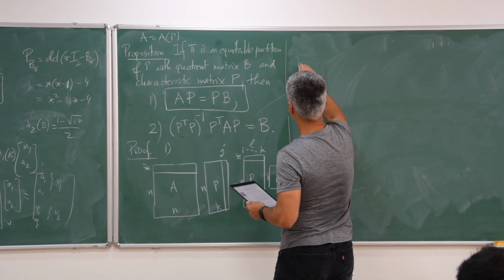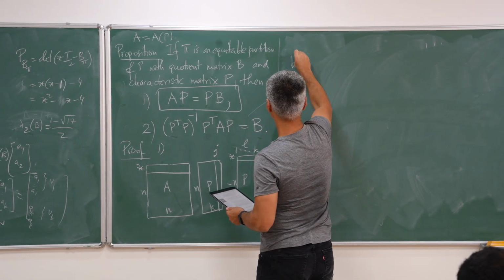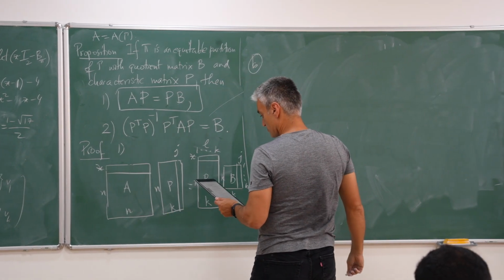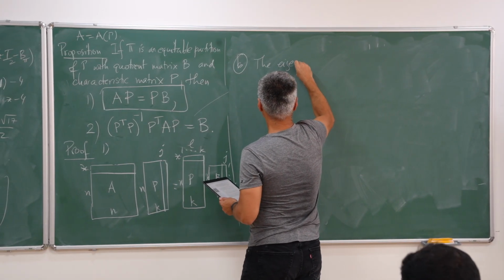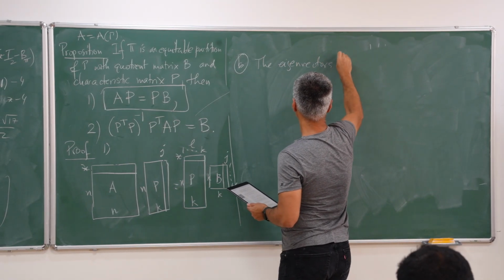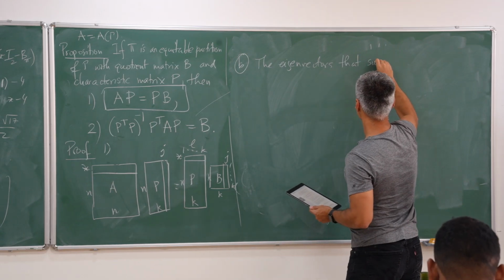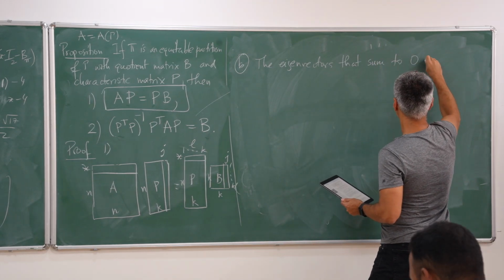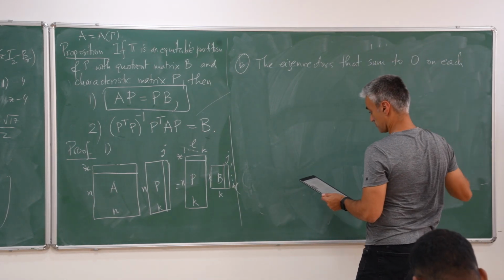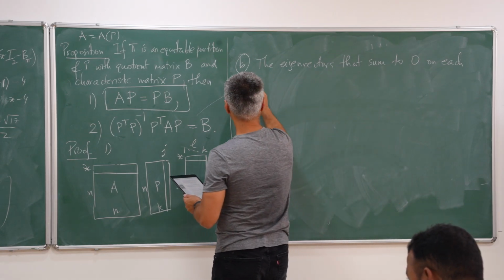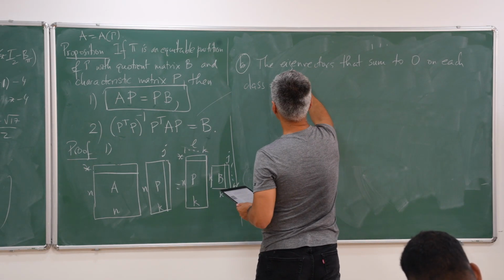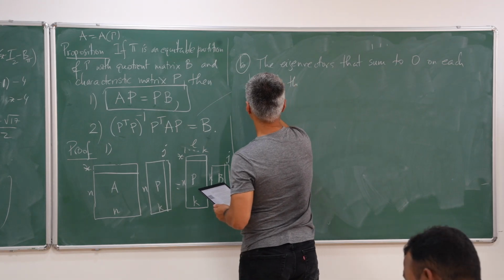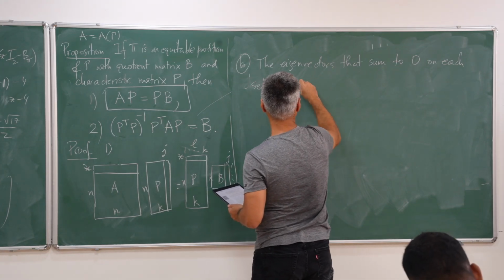So in B, the eigenvectors that sum to 0 on each class, on each set of the partition pi.